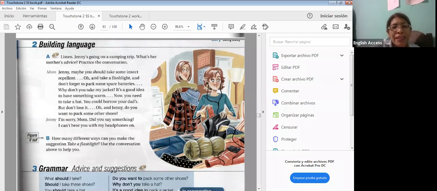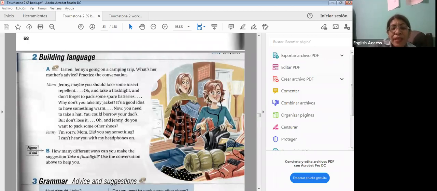Well, pay attention to letter B. It says, how many different ways can you make the suggestions? Take a flashlight. Use the conversation above to help you. Well, let me see. Let's pay attention to this part. You should take some insect repellent. This is one.